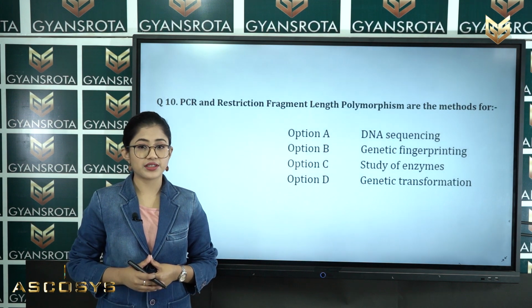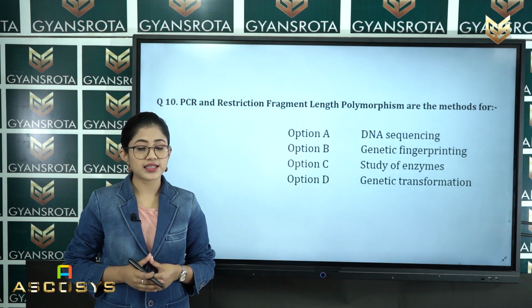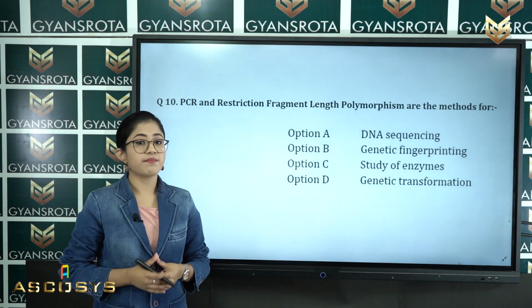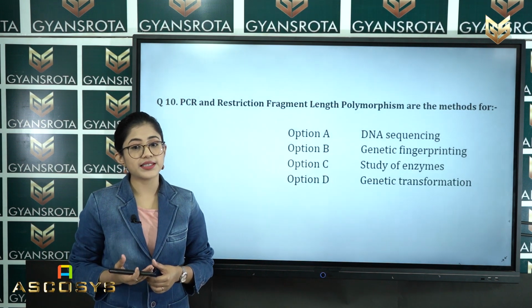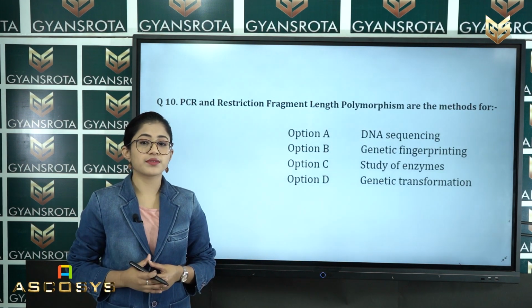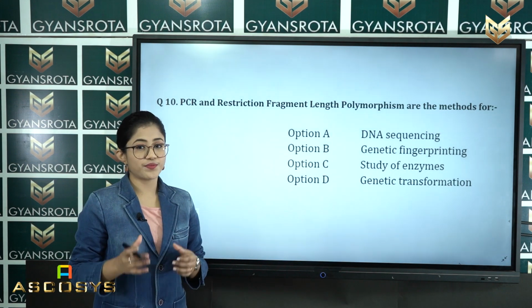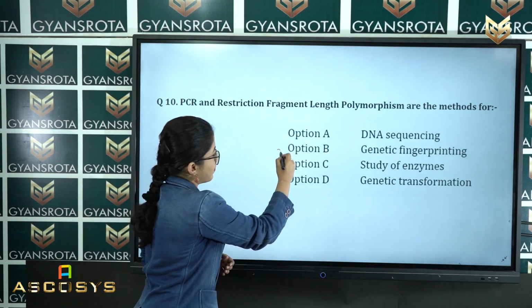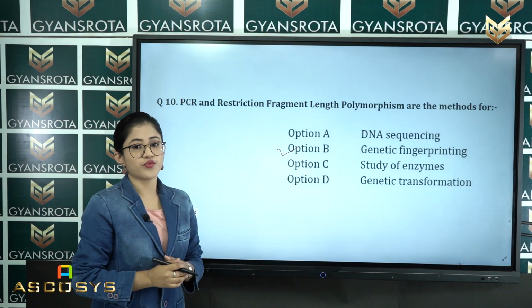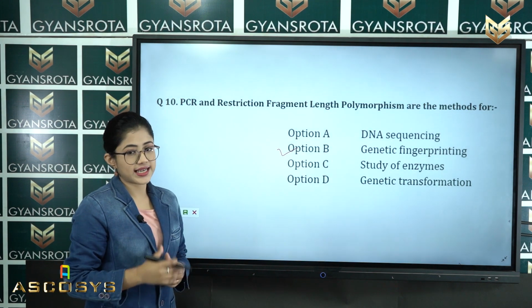Student, this is from the chapter molecular basis of inheritance. So, what is the correct answer? PCR and restriction fragment length polymorphisms are the methods for genetic fingerprinting, which means option number B is the correct answer. So, fingerprinting is the correct answer.